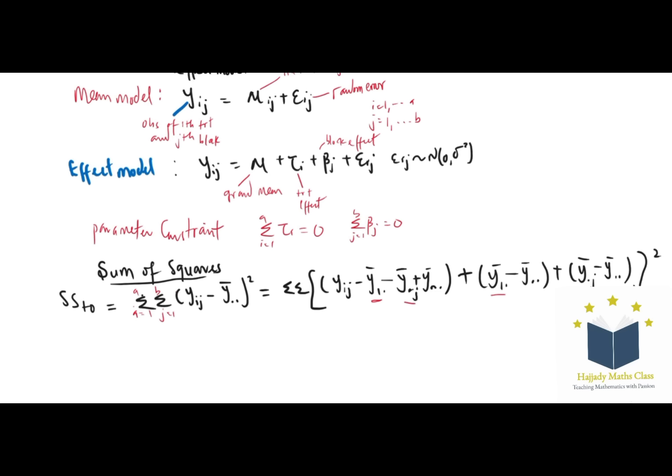Plus Y bar dot dot minus Y bar dot dot, you're going to have 0. So you're left with Yij minus Y bar dot dot, which is the same thing as the left hand side, all squared. So this is a form of decomposition. We decompose our sum of square total.